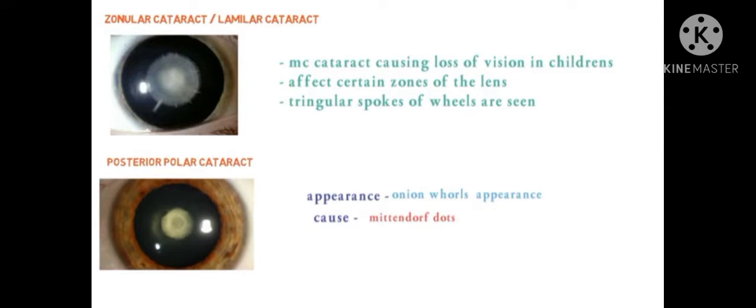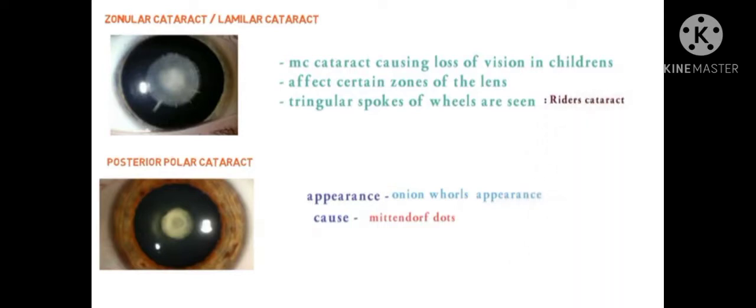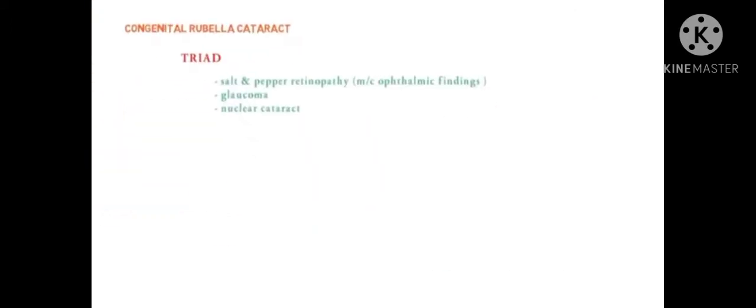Due to the spoke-like pattern, it is also called riders cataract. Then we discussed posterior polar cataract, and after that blue dot cataract, in which there is no loss of vision. Then we discussed coralliform cataract. There is also no profound loss of vision, and after that we covered the triad of congenital rubella cataract.